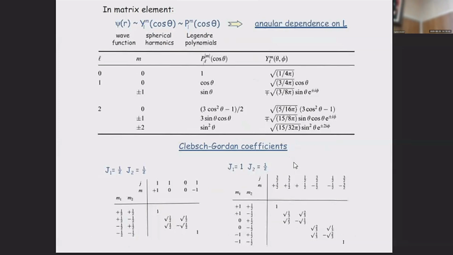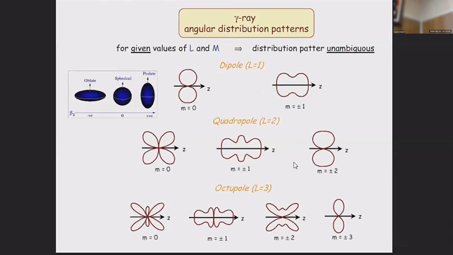Combine two different cases. This is the Legendre polynomial, as you know, and of course spherical harmonics. These give you these shapes. Nuclei are like this. Don't think that these are spherical. Atoms are also like this.